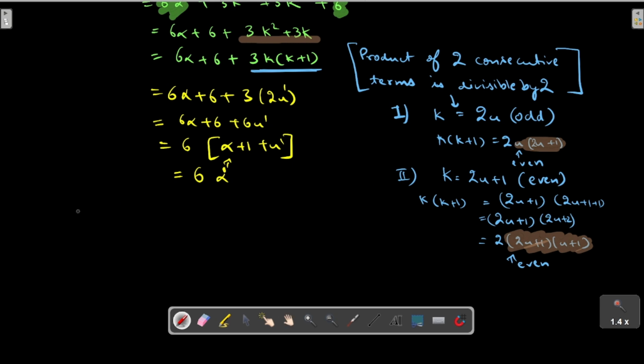So we can say this gives us n is equal to k plus 1 is true.